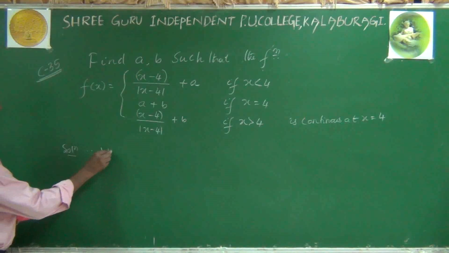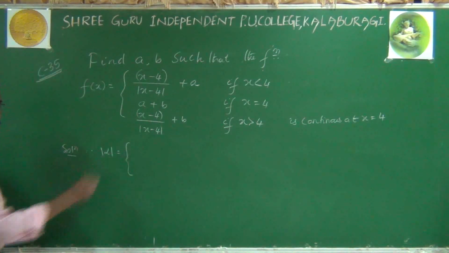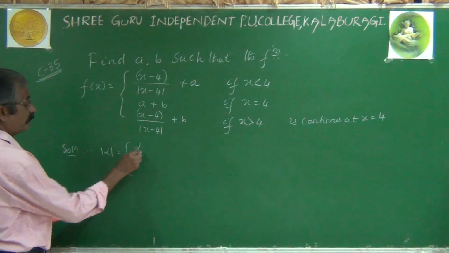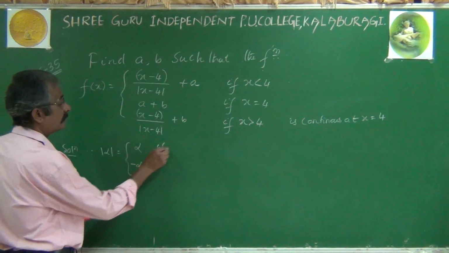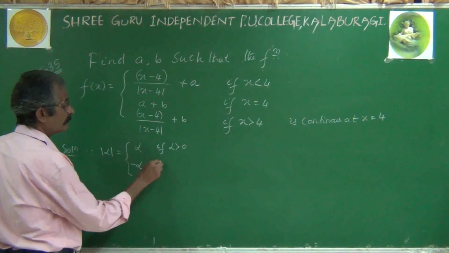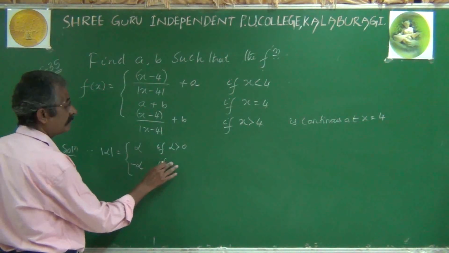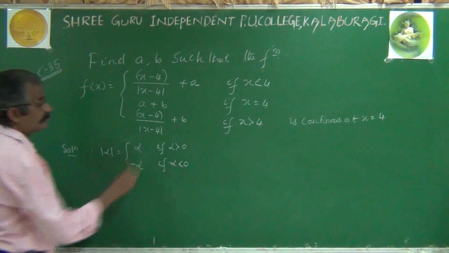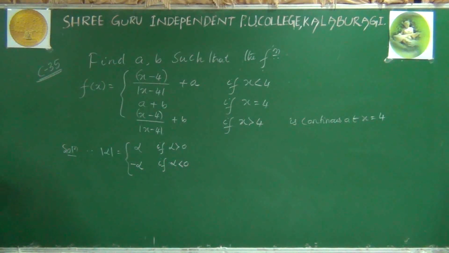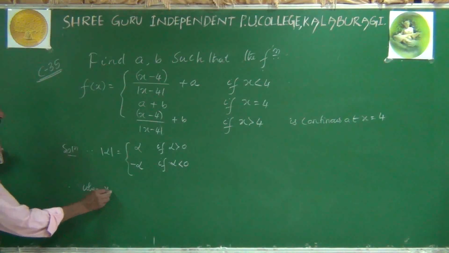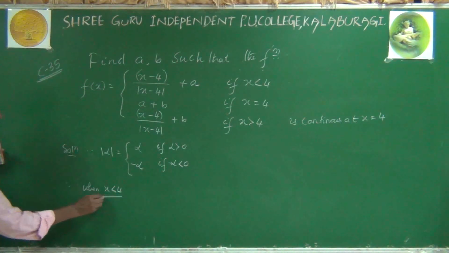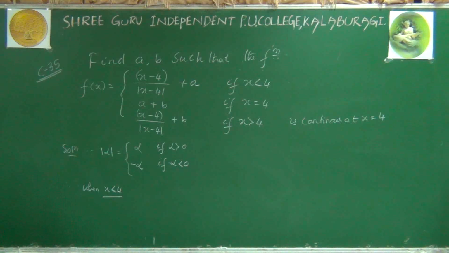Since modulus of alpha is defined by two values: first value, plus alpha if alpha is positive; second value, minus alpha if alpha is negative. Therefore, when x less than 4, nothing but x minus 4 less than 0.